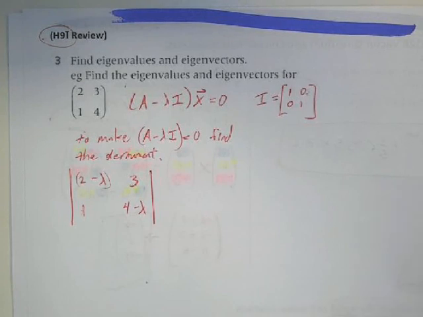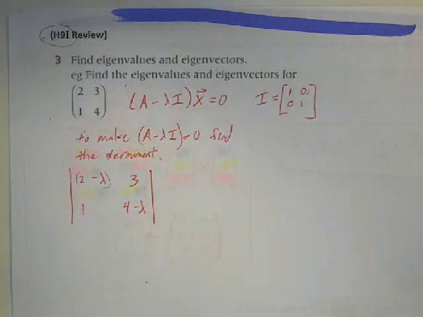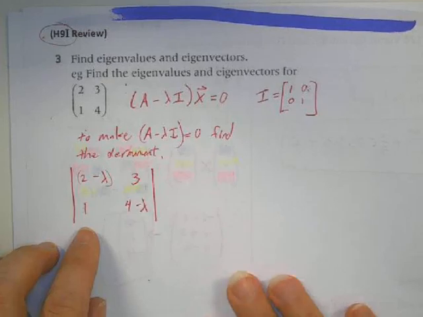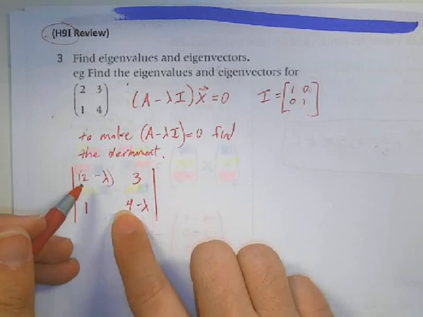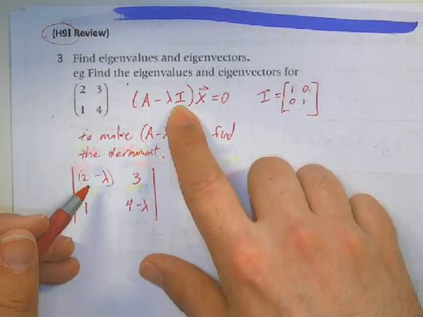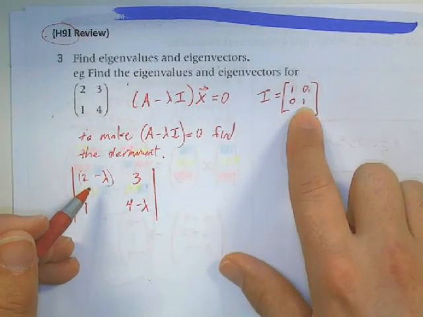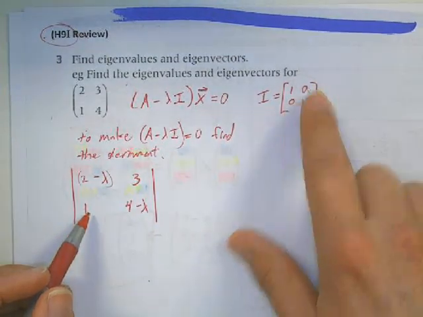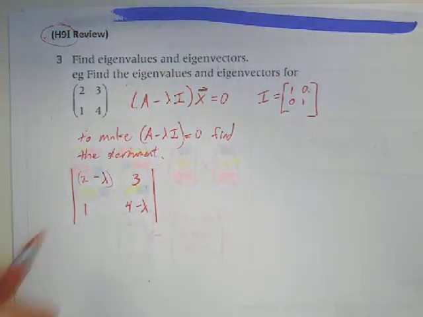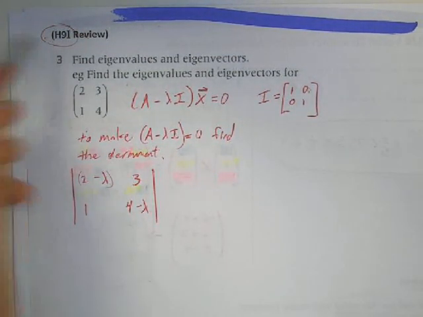So the minus lambdas here came from lambda times the identity matrix. There's no lambdas here because the identity matrix is 0 and 0 there. Like I said, if you need a refresher, you can watch the H9I video.